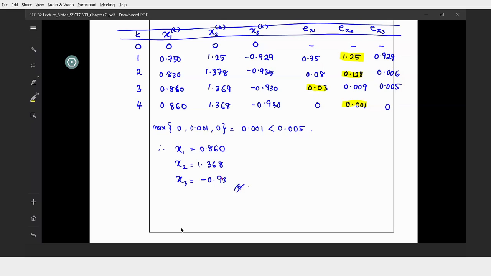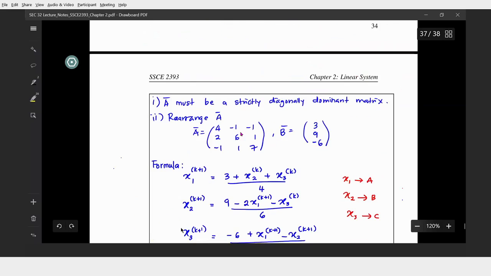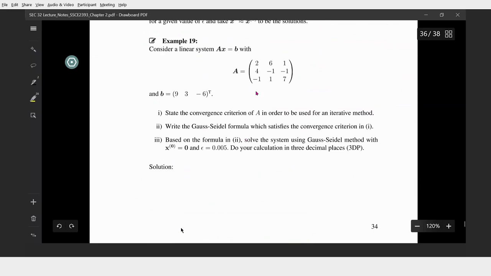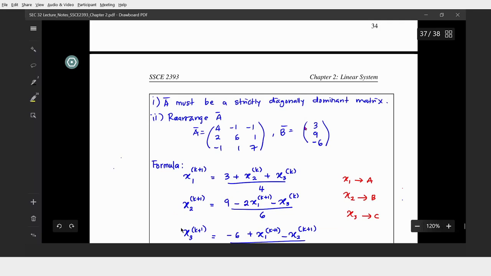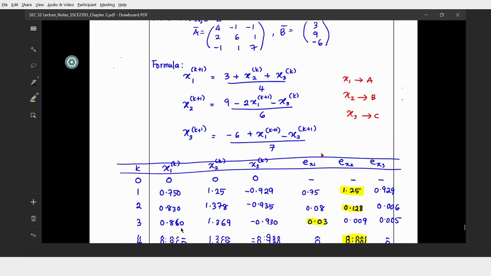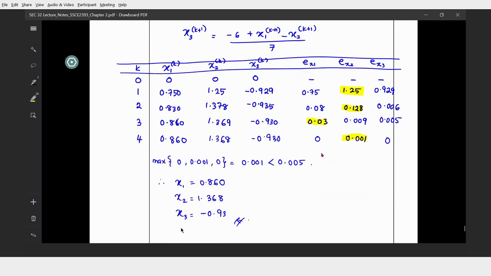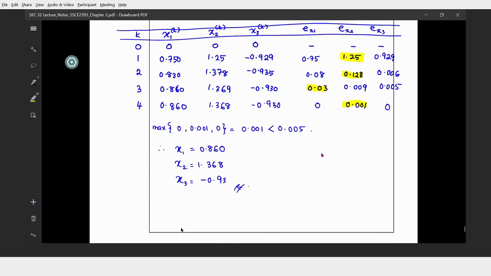Let's say you have x1 is 2 point something, then you will need to check back your calculation. Of course when you put the value of x1, x2, x3 in your equation, you will not get exactly 3, 9 and negative 6 at the right hand side, but it should be around that. That's the error. Any problem on the Gauss-Seidel and also the Jacobi?